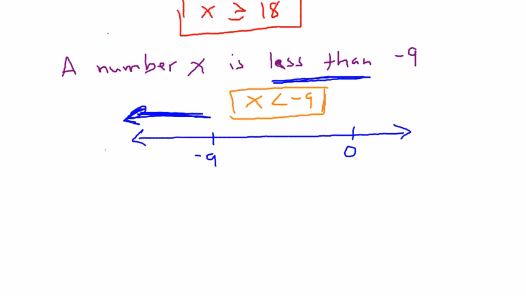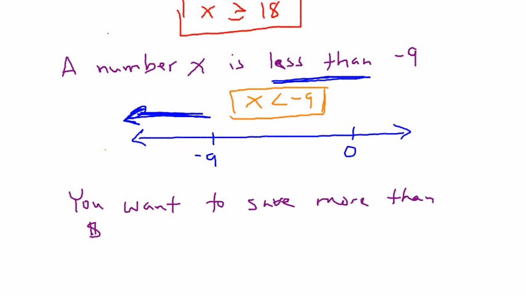Okay, let's try another one. You want to save more than $150. And really, the trick with these types of problems is figuring out what symbols the words represent in the sentence.